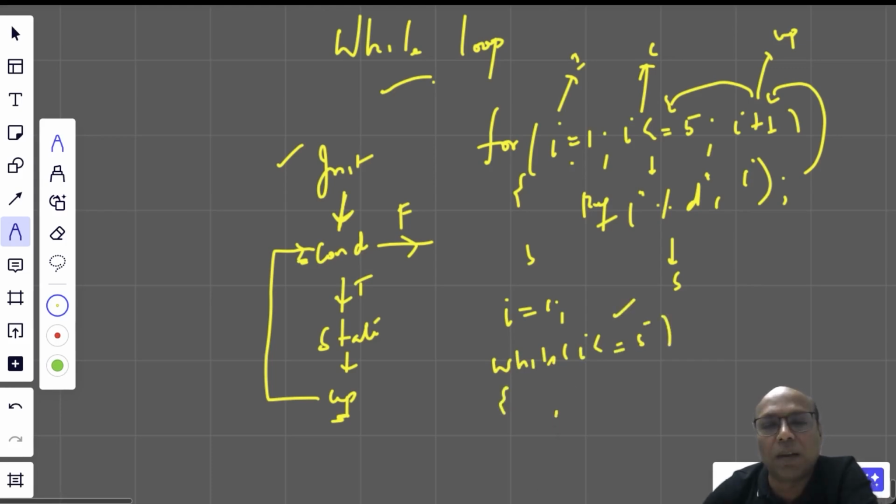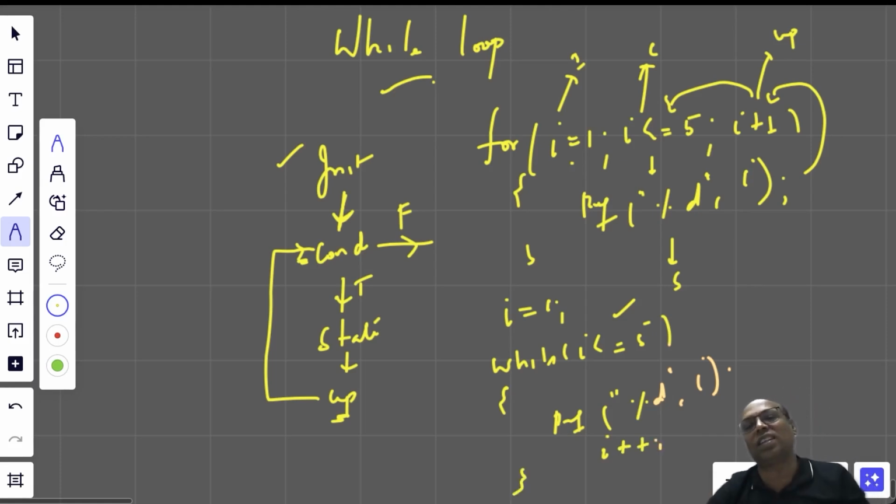Then your statement, after that you get the updation. The initialization is outside because initialization needs to be done only once. Whatever is done once has to go outside. Your condition has to be in the while, and your statement is inside and your updation is also inside.